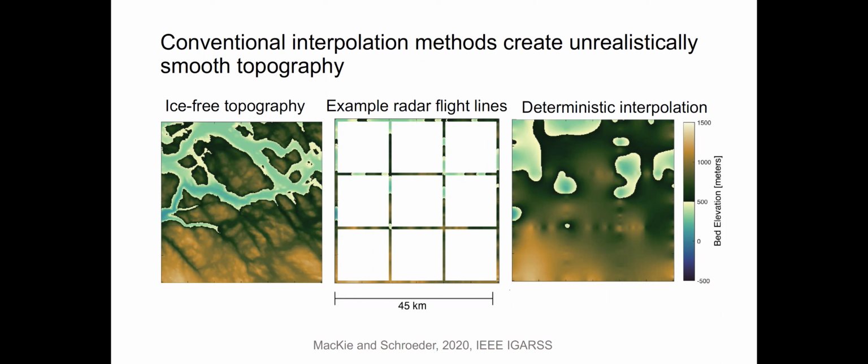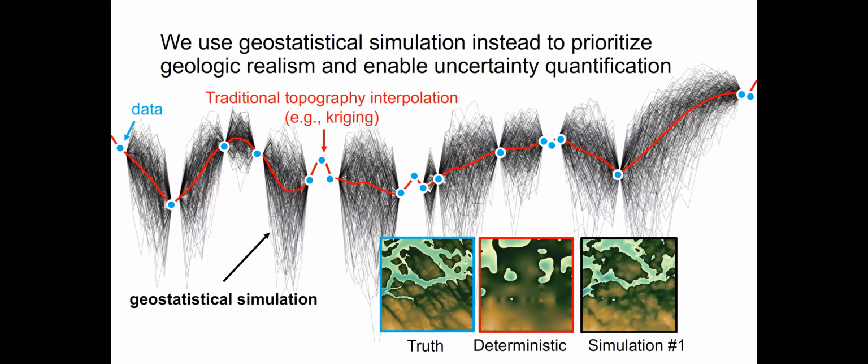And the problem is that we lose a lot of the texture in the topography. So ice is going to flow differently over a smooth surface than something more realistic. And the other issue is that we're not accounting for uncertainty in the topography when we're just using something like this.